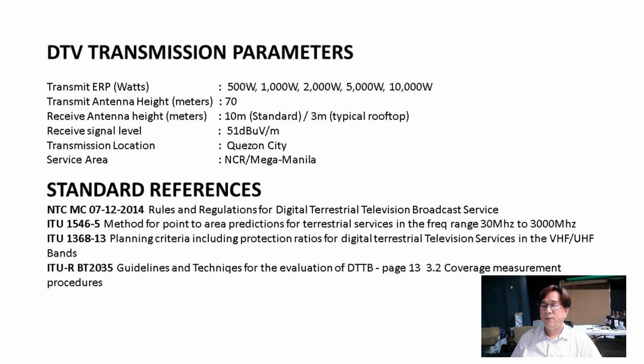And the assumed transmitter antenna height is around 70 meters, and the receive antenna heights are 10 meters and 3 meters respectively. The 10-meter would be the standard and the basis of the NTC channel plan. And then we have also 3 meters as an assumption for typical rooftop reception.